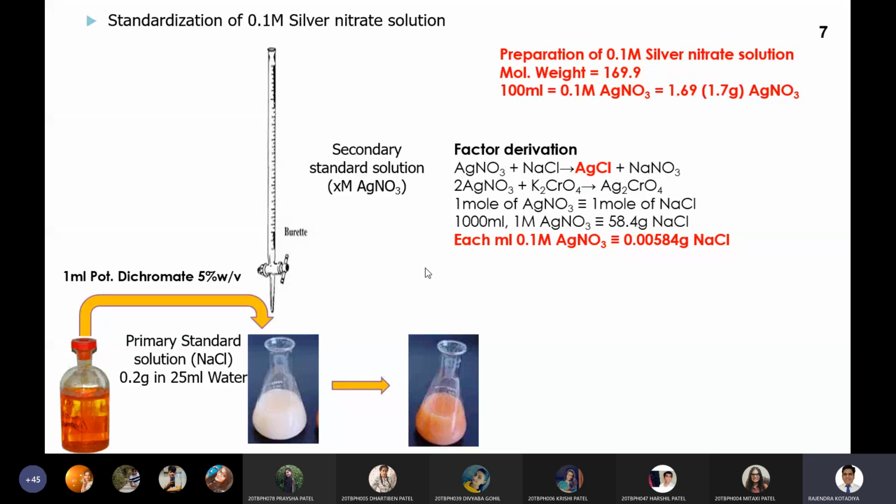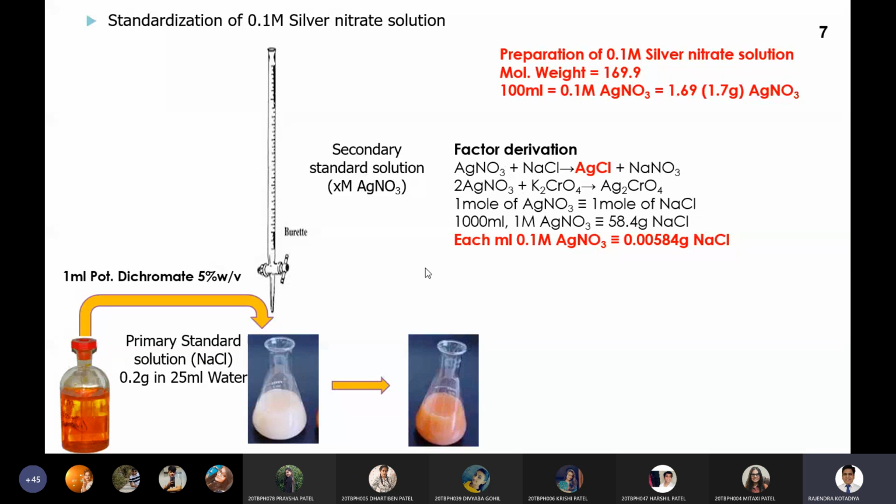Yes. Sir, shall I? Yeah, please. X molar will be equal to 0.2 gram into 1 ml into 0.1 molar divided by 0.00584 grams into Y ml. That is the burette reading. That's perfect. Okay. So in this particular case, you can write X molar or Y molar, but write the unit at the end.